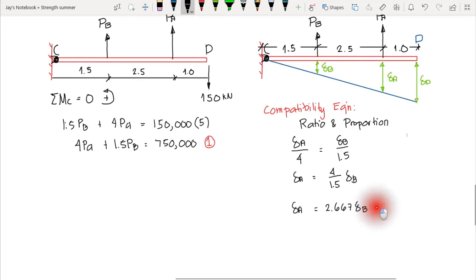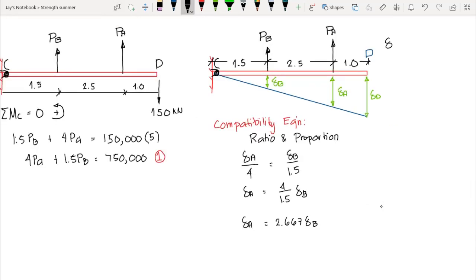But we can further simplify it, since we know our deformation of A is the combination of the deformation due to axial load plus the deformation due to change in temperature. Okay, so we can substitute this in our compatibility equation.